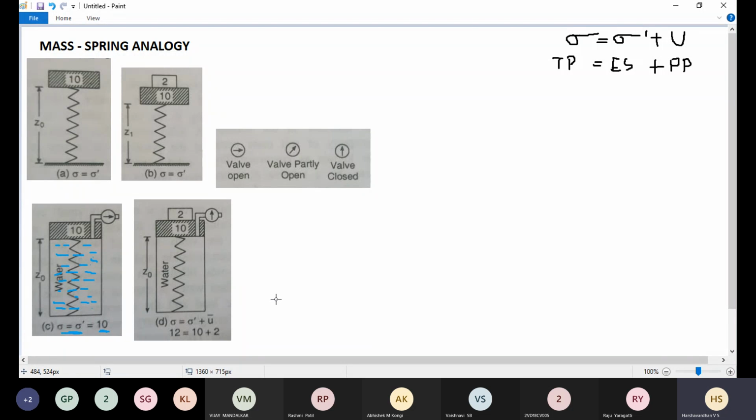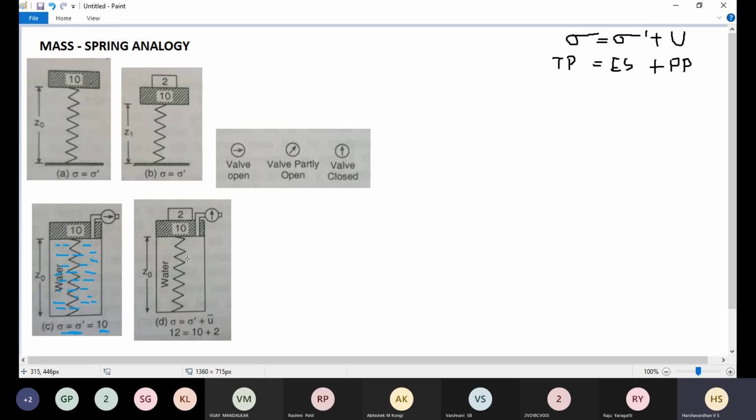Now, had the spring carried the load, the spring would have settled. But the spring cannot settle here. The valve is closed, and water is incompressible. You cannot compress the water in a closed container.